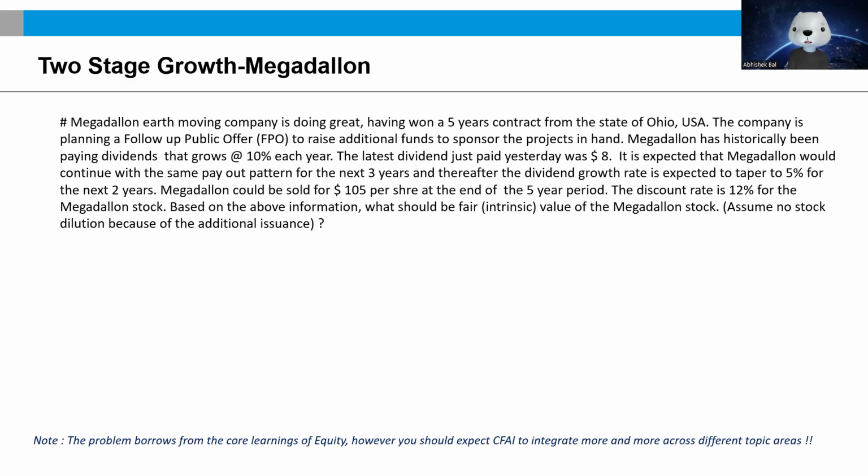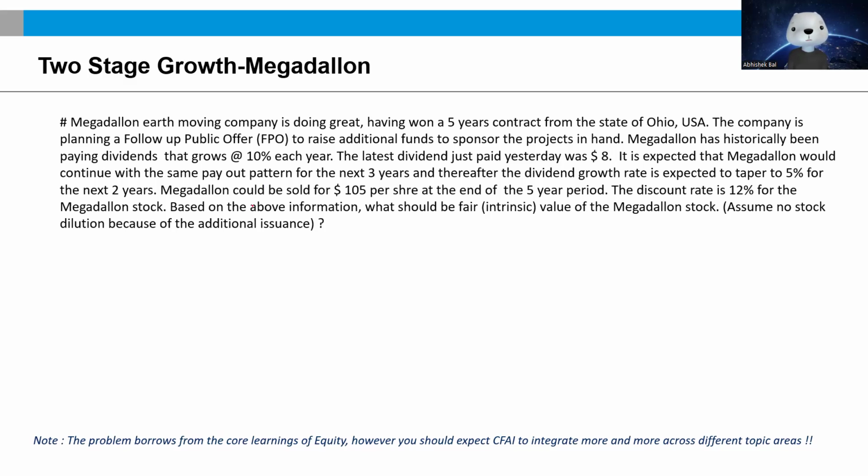Thereafter, the dividend growth rate is expected to taper to 5% for the next 2 years. Megadolon could be sold for $105 per share at the end of the 5-year period. The discount rate is 12% for the Megadolon stock. Based on the above information, what should be the fair value of Megadolon? Assume no stock dilution because of the additional issuance.